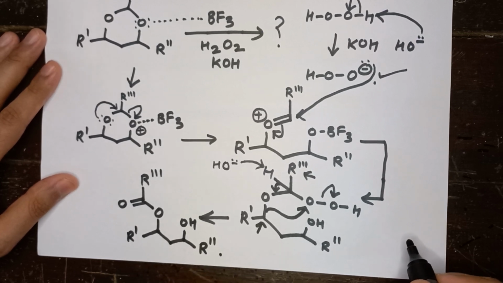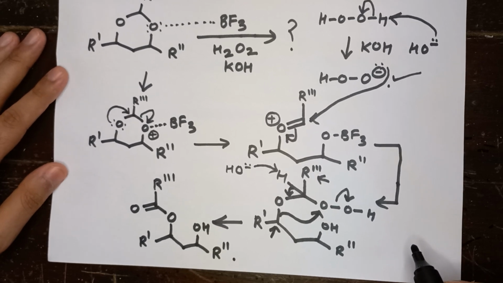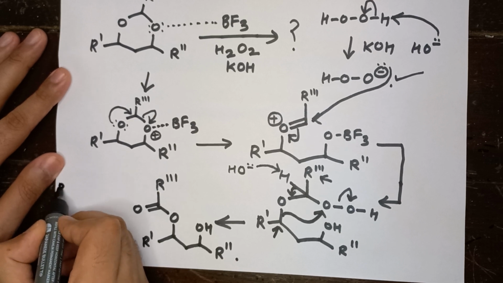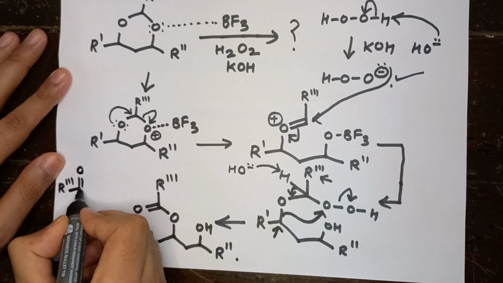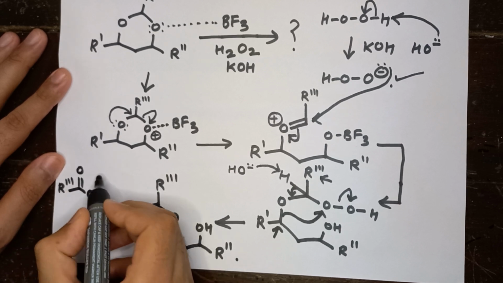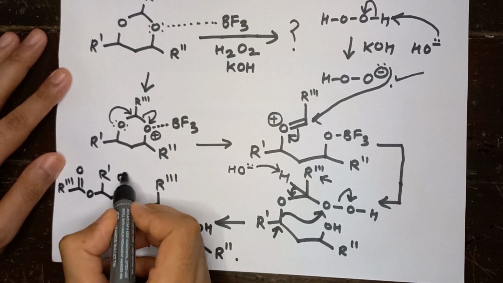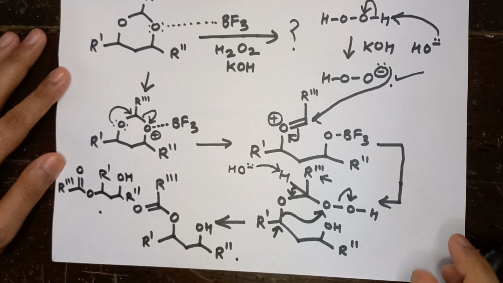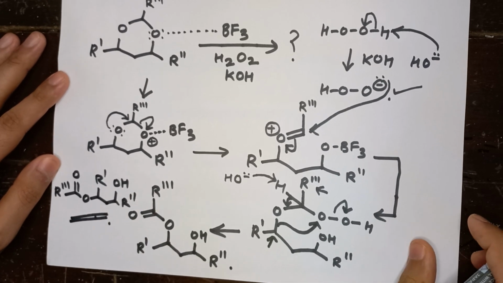And if you look closely, we have got the product. So this is the product for this particular reaction. If I redraw it, the product will look something like this. So we have an ester here. So this is the final product for this reaction.